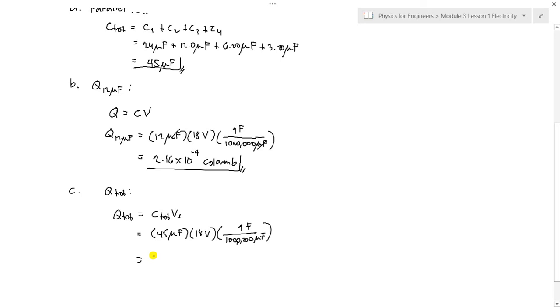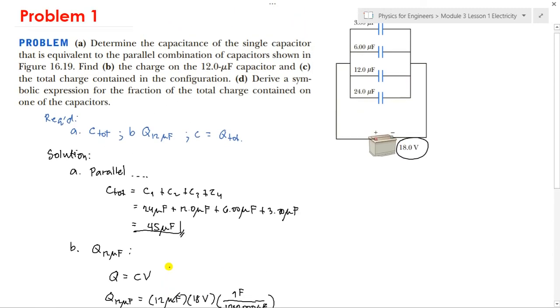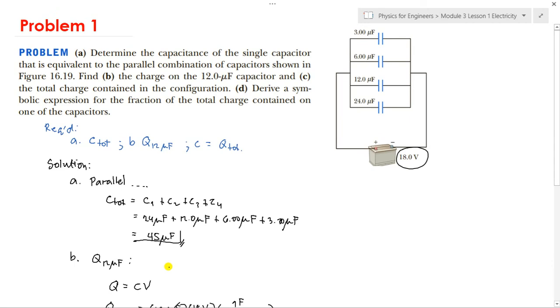So this will now become 8.1 times 10 to the power of negative 4 coulomb. So that is the total charge generated by these four capacitors. So that is the answer.